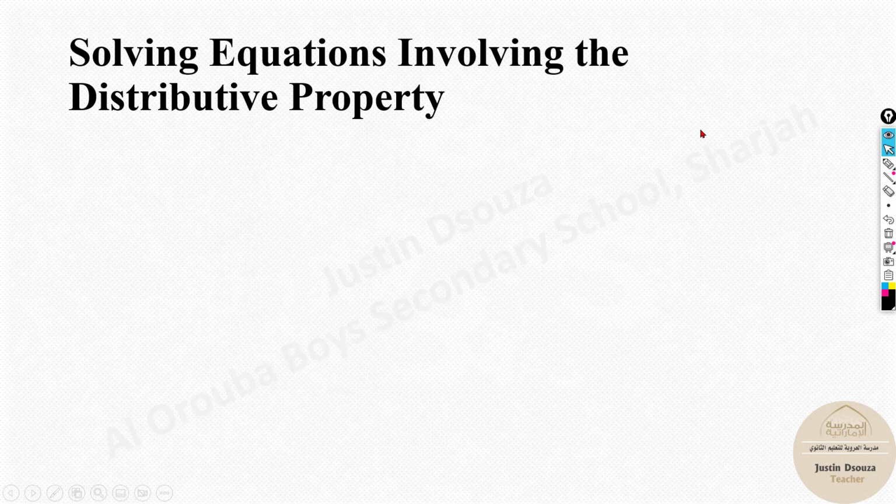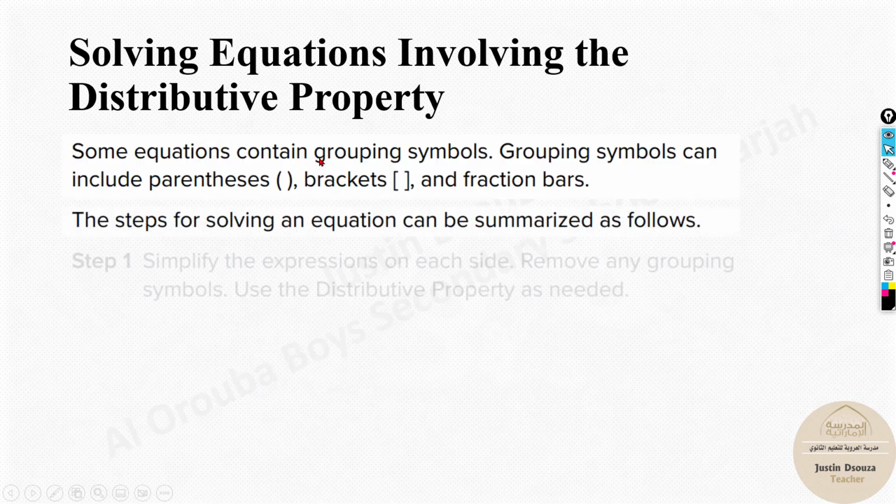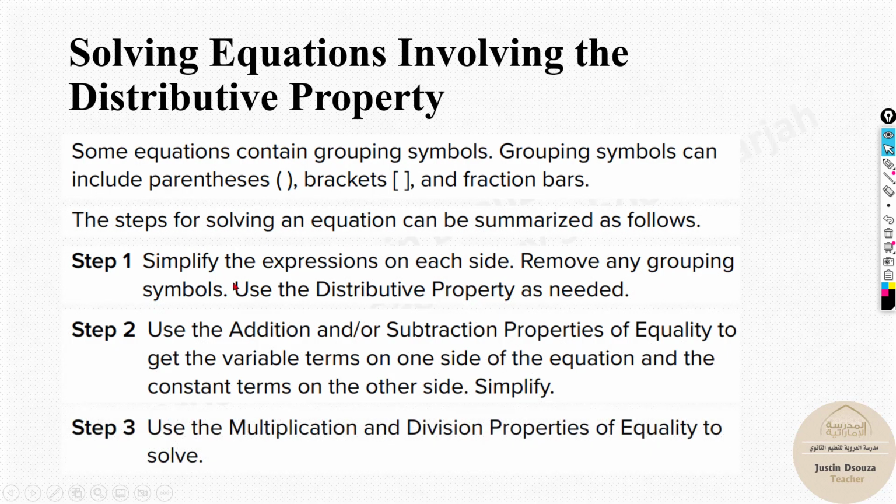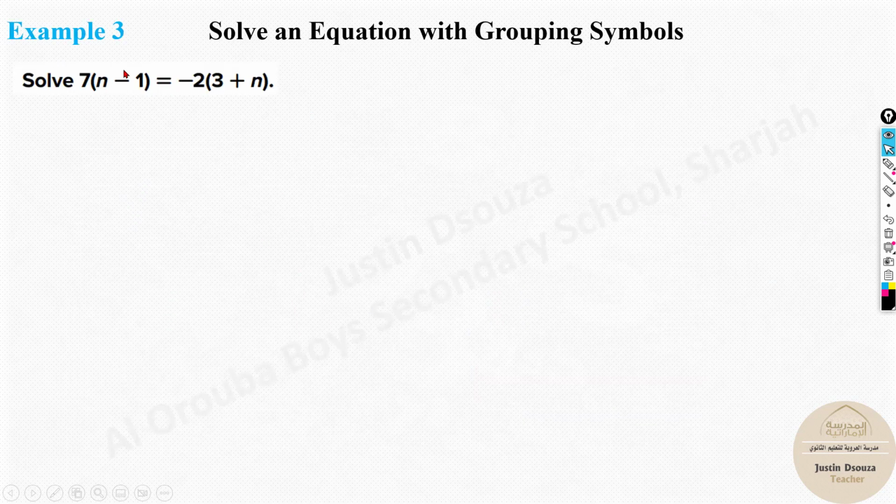Now solving equations involving distributive property, we will see this. Now we will see a problem in by solving, because you can pause this and read through this. This is just basics. Here, how do you do distributive property? You need to solve this equation and find n. Obviously you can use the calculator which we did in the first problem, but now imagine you don't have calculator, you have to solve it.